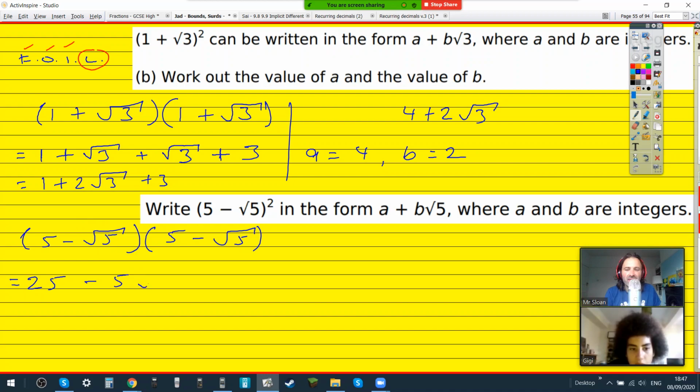5 root 5. Oh, minus 5 root 5. Minus 5 root 5. Minus 25. Root, oh no, 20. Minus root 25, or minus 5. Yeah, minus 5.